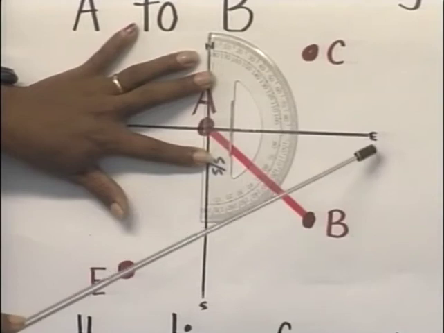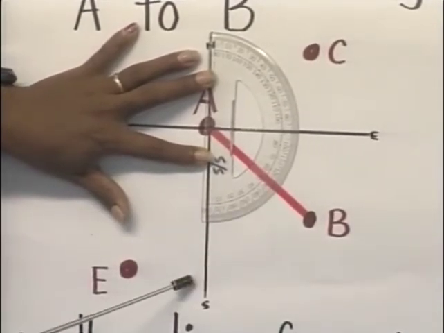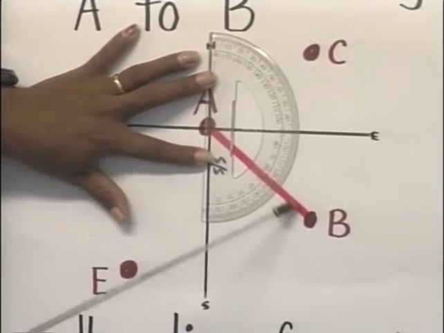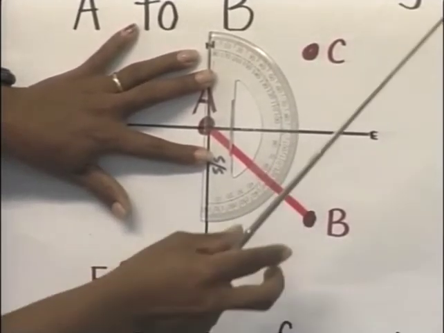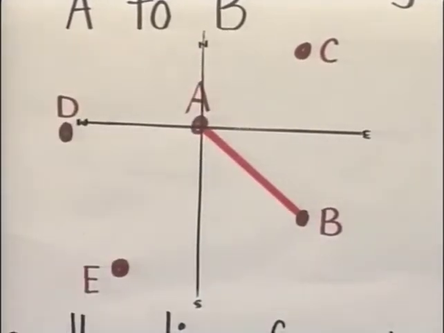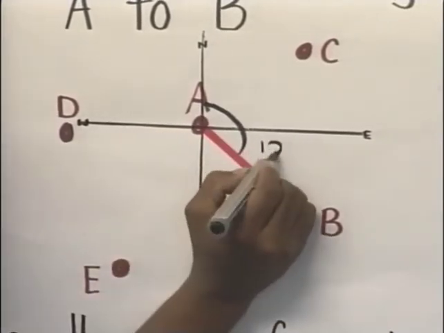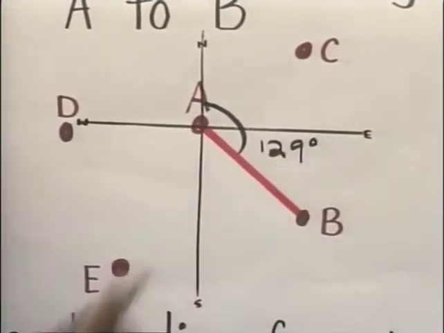You see, it is more than 90, but it is less than 180. So it would be about correct. So 129 degrees, I'll put that in. I am looking at this angle here, and that is 129 degrees.